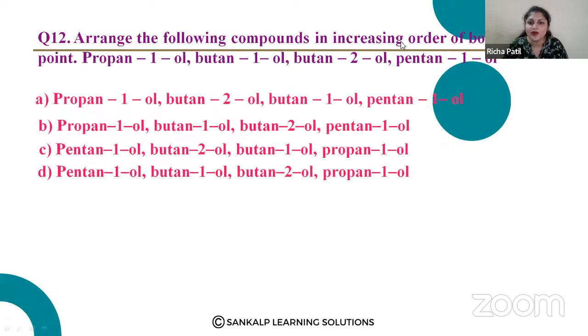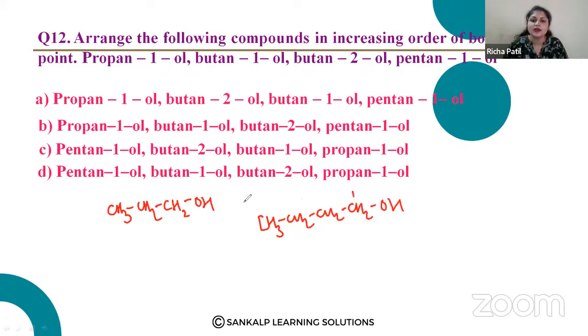Arrange the following compounds in increasing order of boiling point: propan-1-ol, butan-1-ol, butan-2-ol, pentan-2-ol. Based on the structures, this is propan-1-ol. Then butan-1-ol: CH3, CH2, CH2, CH2, OH.